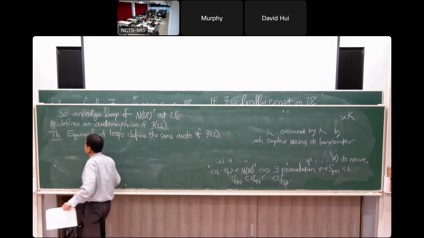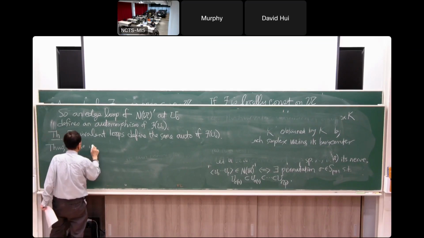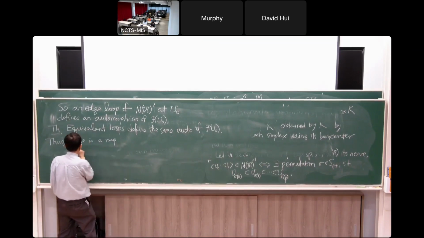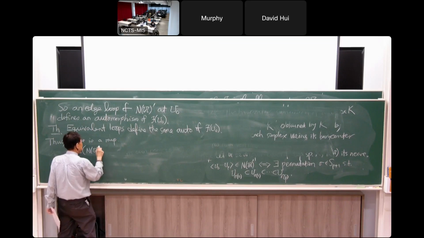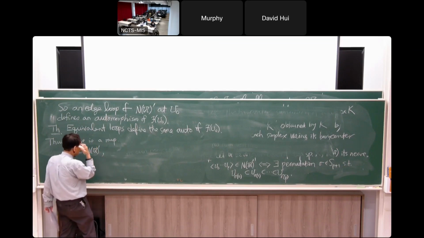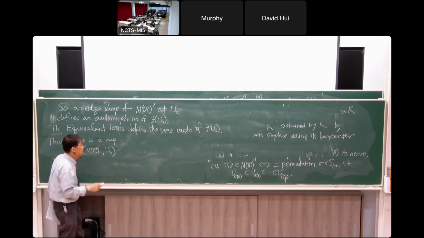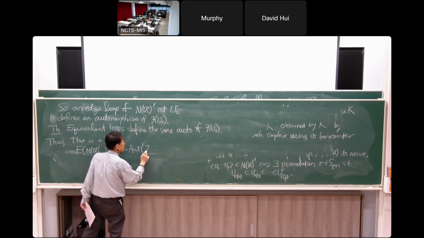Thus, there is a map from the edge loops of the barycentric subdivision of the nerve based at U0 into the automorphism group of this.